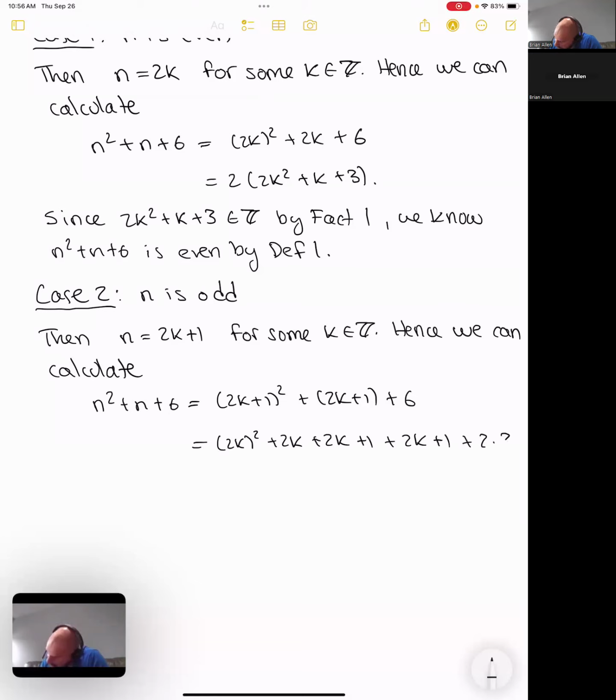Maybe we write this as 2 times... well, actually, we have to combine it with the 1, so maybe that's not helpful yet. Okay, so we can write this as 2 times k squared plus 2 times 3k plus 2 times 4. When I add the 1 plus the 1 plus the 6, that gives me 8, which I can write as 2 times 4. And now I have the 2 that I can pull out of all 3 terms.